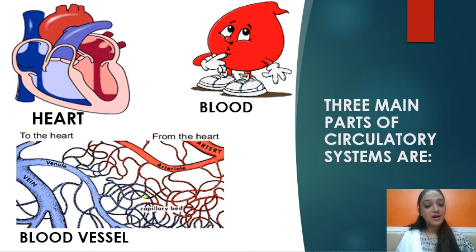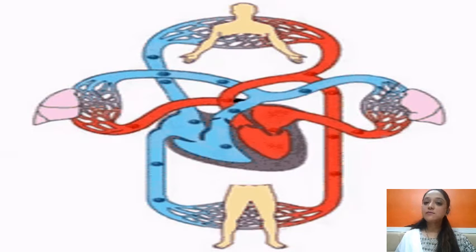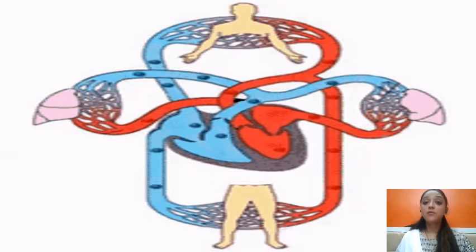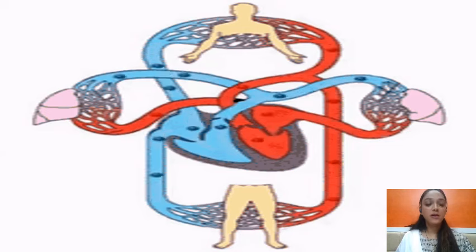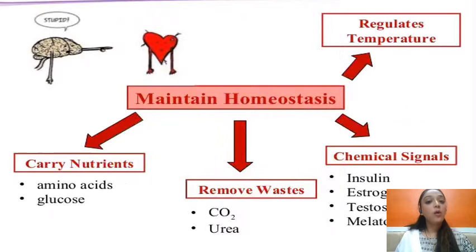Now let us summarize what we have studied in today's session. First, the circulatory system is the most important system in our body. It consists of heart, blood vessels and blood. Then we have studied why we need the circulatory system.